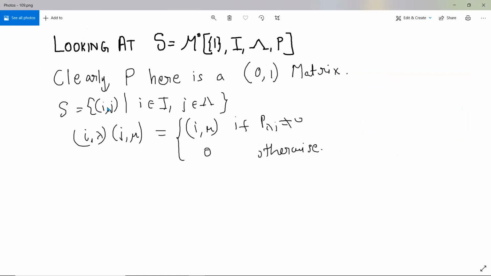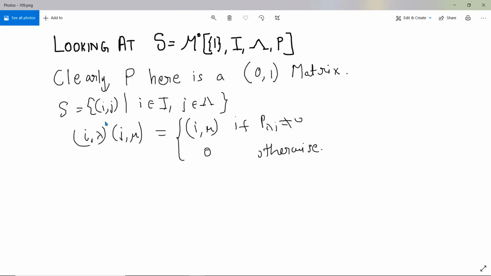In general it is i comma g comma j, where g is an element of the group in the corner. But here there is no g, because the group is just the identity. So that's just one, and we don't really need to mention it.